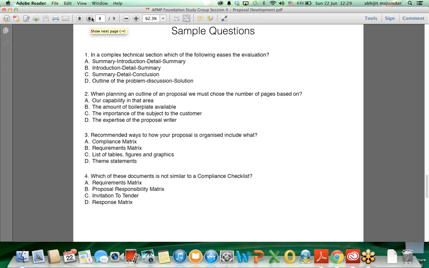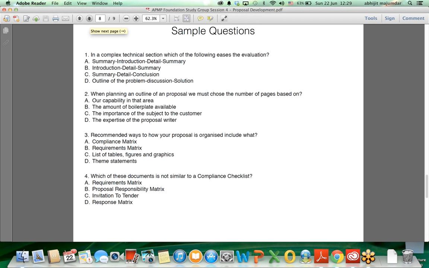It is basically the requirements matrix, because this matrix shows the different categories of the requirements of the customer. Also, the requirements matrix relates you to the proposal response matrix, and in it you address each section and in which section that particular requirement has been addressed. So it helps the evaluator to point to that particular section and say that this is the section in which this requirement has been addressed.